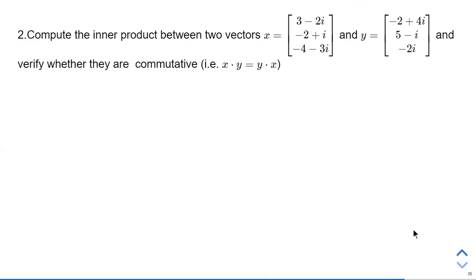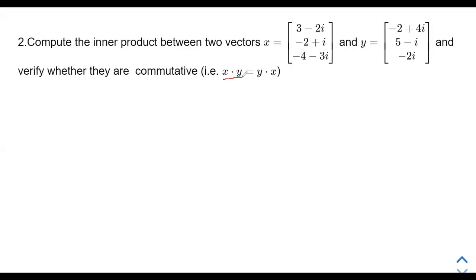We have to verify for this specific example whether the commutative property is applicable, or whether these two vectors obey the commutative property, especially when I compute the dot product. Which means I have to verify that. First I compute the inner product between x and y, and then I commute them, y dot x, and see whether both give the same result.